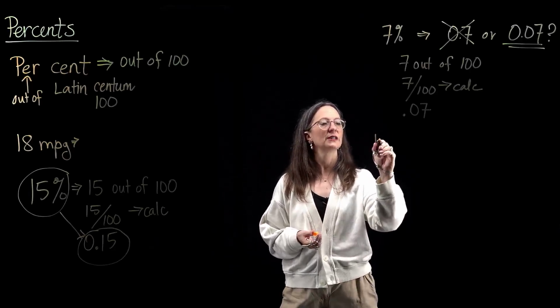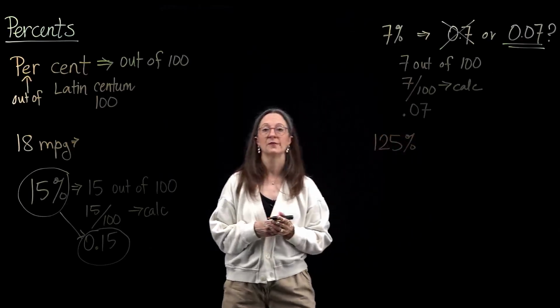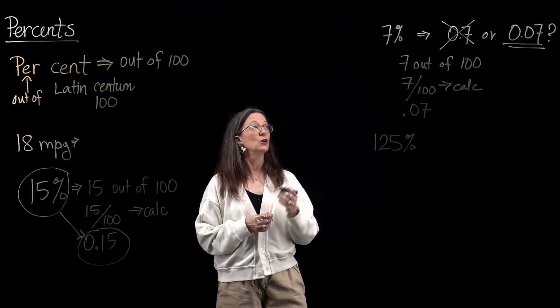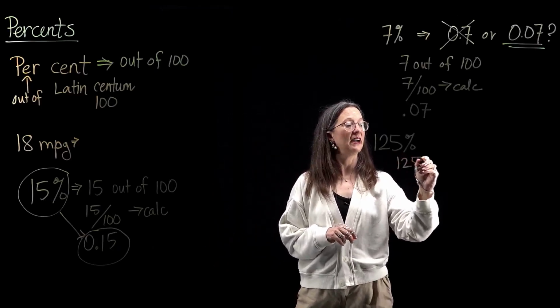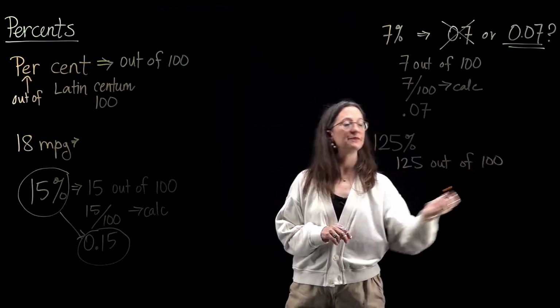Another one that can throw people off is when we have a percentage that's larger than 100. So for example, 125%. That can be confusing. So let's use our method. This would be 125 out of 100.